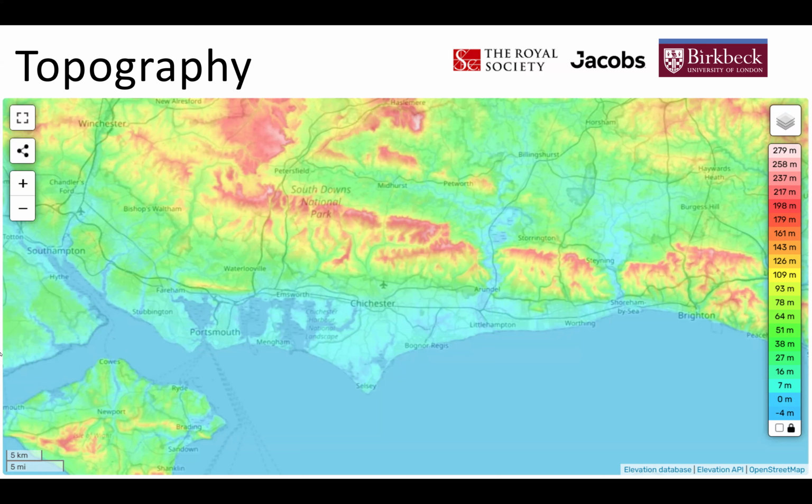And the other thing you can see is that there are a series of rivers that cut across. They're all tributaries of the River Test, which forms Southampton Water. So you've got two structures with the rivers cutting through.